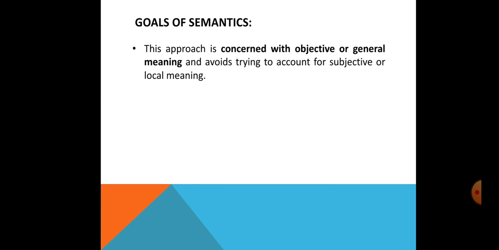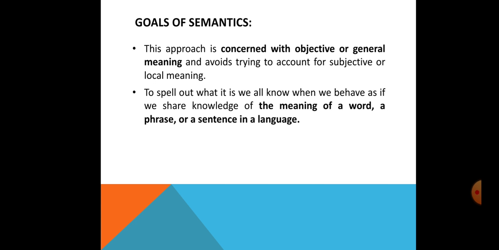This approach is concerned with objective or general meaning and avoids trying to account for subjective or local meaning. So in semantics, you are going to look at the meaning of a word based on the meaning in the dictionary, based on the conventional meaning, not based on the speaker's intended meaning, because that will be in a different branch of linguistics.